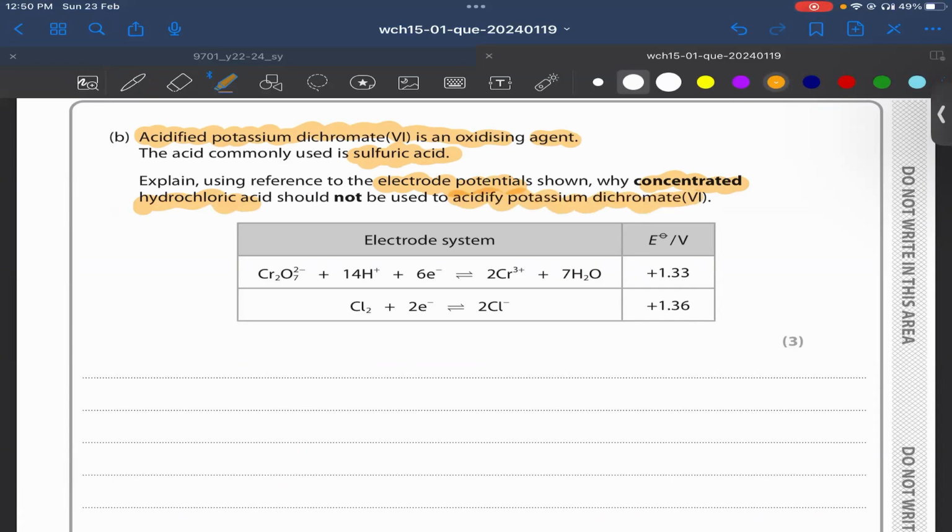Potassium dichromate is an oxidizing agent, and we use sulfuric acid to acidify it. But why can we not use concentrated hydrochloric acid?